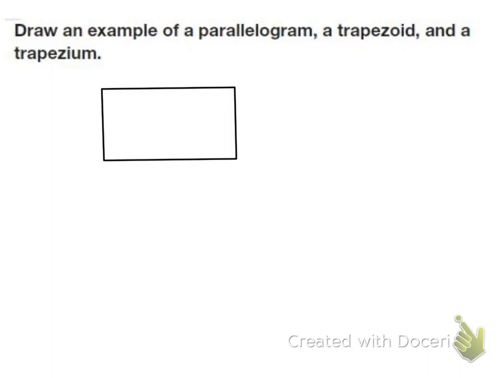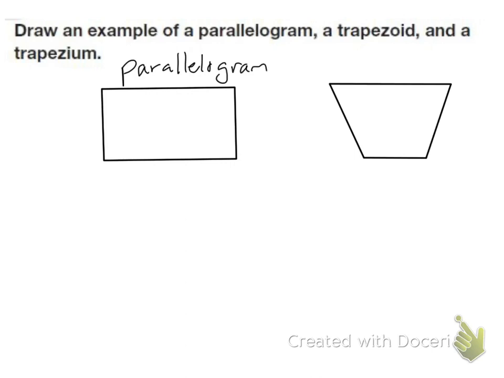This one happens to look like a rectangle. To draw a trapezoid, I first start off by drawing 2 parallel lines that are different lengths, and then I connect them. So this is my parallelogram, and this is my trapezoid.